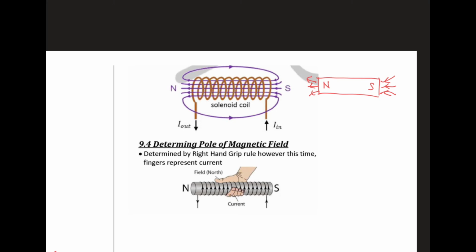So this is the North Pole. If you are wondering how to determine which is the North Pole and which is the South Pole, the idea is the right hand grip rule again. We always use the right hand grip rule, all the way until here. How to use it? Let's say current in.